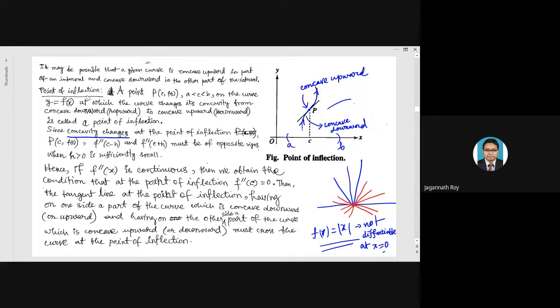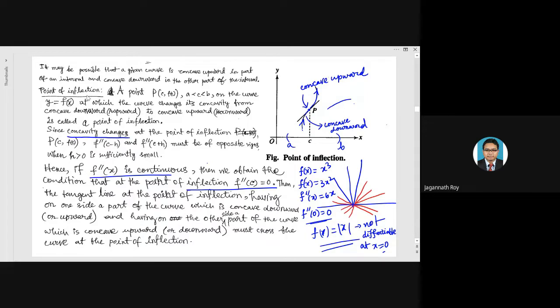Now at this point, the second derivative, if it is continuous, then at the inflection point, f double dash will be 0. For example, if you think about f of x equals x cube, then you have f dash of x equals 3x square, and f double dash of x equals 6x. If you substitute x equals 0, f double dash of 0 equals 0.